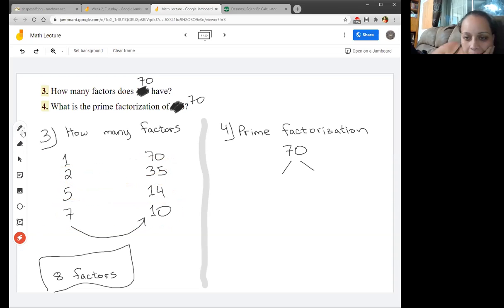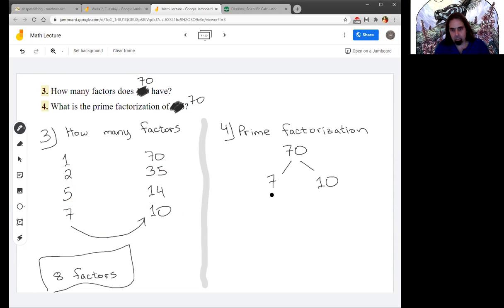Anyone have 7 and 10? Okay, 7 and 10. 7 is prime. It doesn't split up anymore. 10 is 2 and 5. The only thing that people do wrong with factor trees is because when we take our tests, our brains turn off a little. We forget to write them all down. We might leave out the 5 or something.